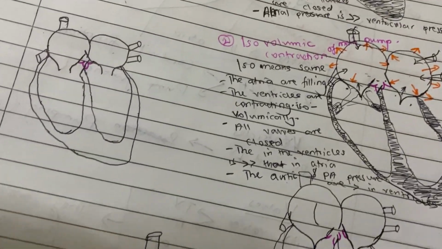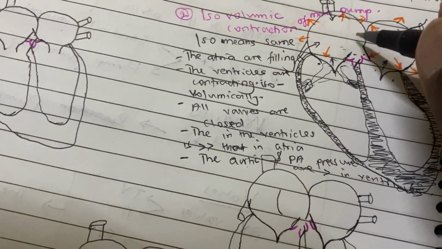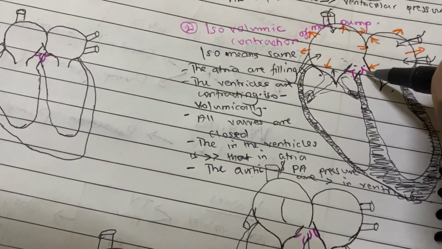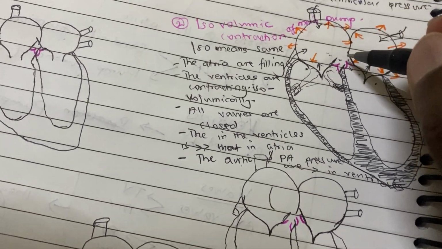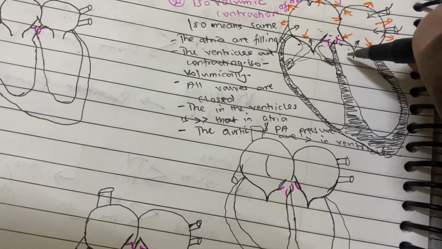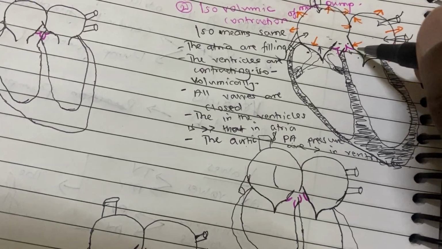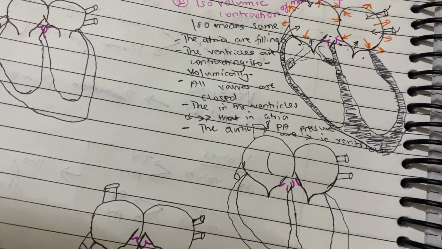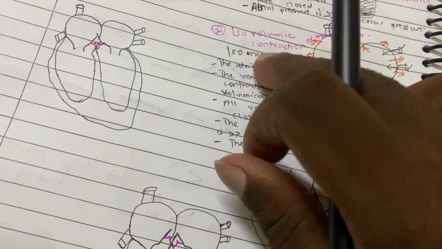They cannot open when the pressure here is low. And if they are working very well, some blood will tend to come back. But if it can close properly, then blood cannot go back and they cannot prolapse into the ventricles because we have a ridge here. Yeah. That is phase 2.